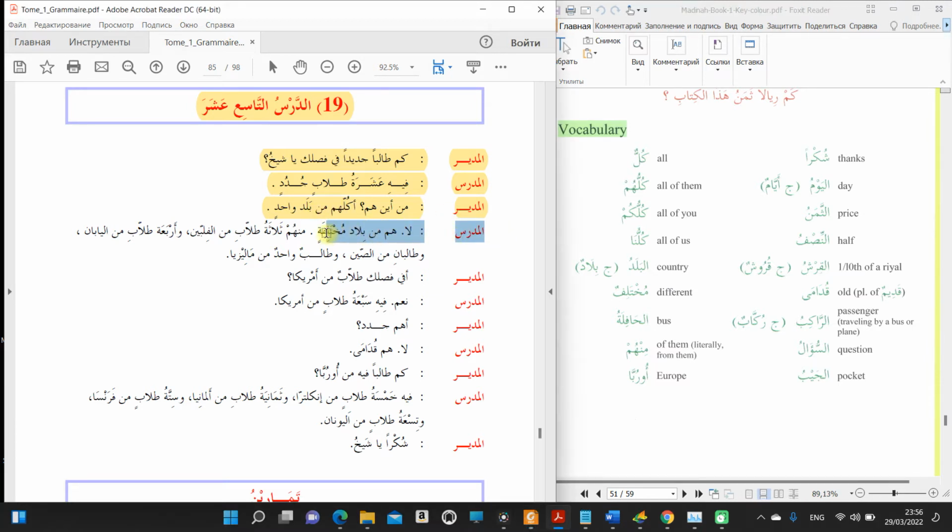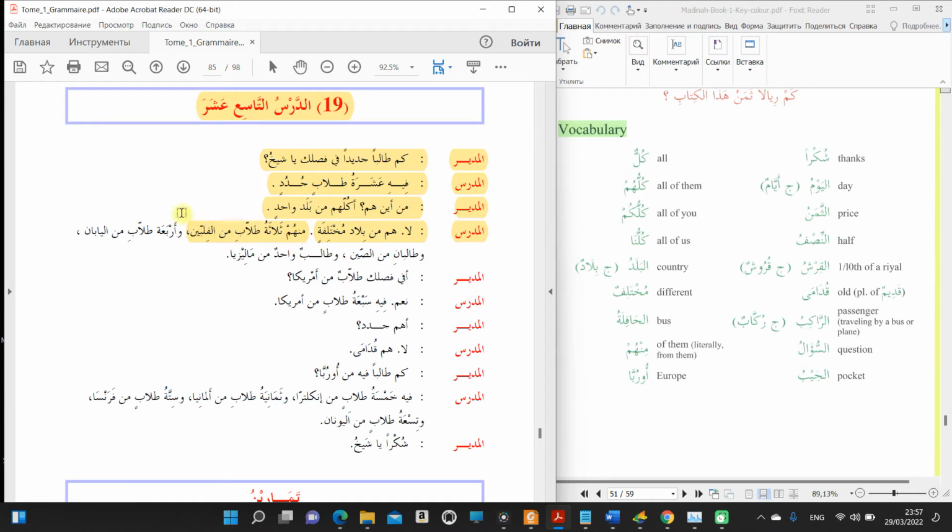المدرس says, لا, هم من بلاد مختلفة. No, they are from different countries. منهم ثلاثة طلاب من الفلبين. ثلاثة means 3. ثلاثة طلاب, there are 3 students from Philippines.